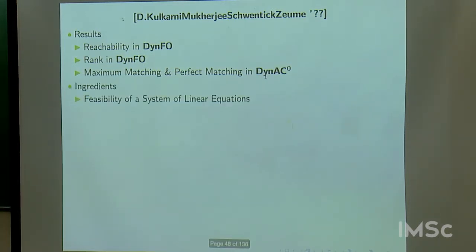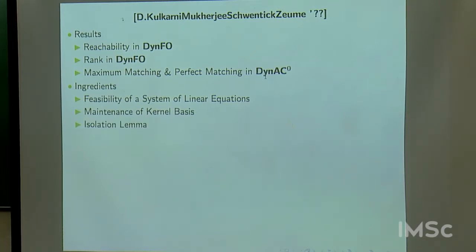The ingredients here are that we can reduce reachability to feasibility of a system of linear equations, and then we show that rank is in DynFO, which is related to feasibility of a system of linear equations, and that is through maintenance of a kernel basis of a matrix.